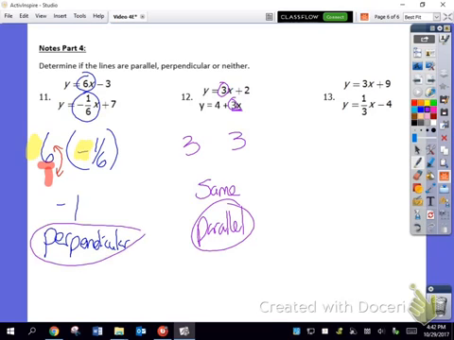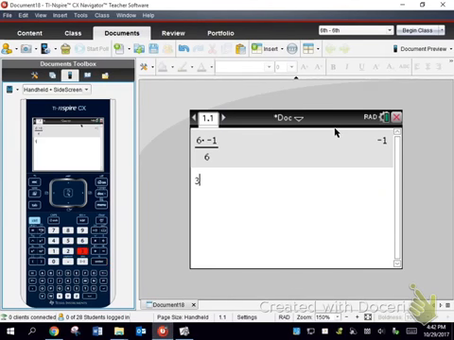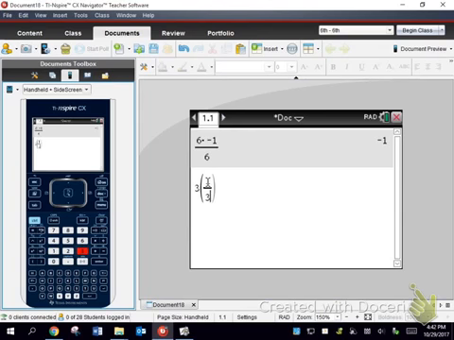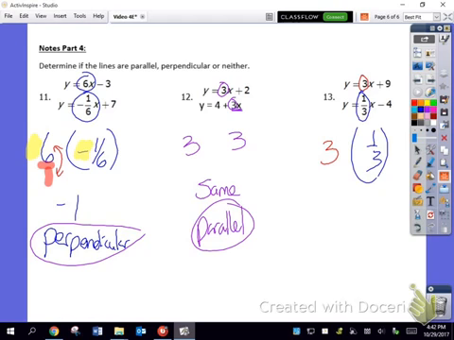Well, look at 13. 13, you have 3, and then you have 1/3. Well, I'm going to try multiplying those. Okay, so 3 times, and you can always set it as a fraction, and then enter, and that gives you a positive 1. Well, it has to be a negative 1.